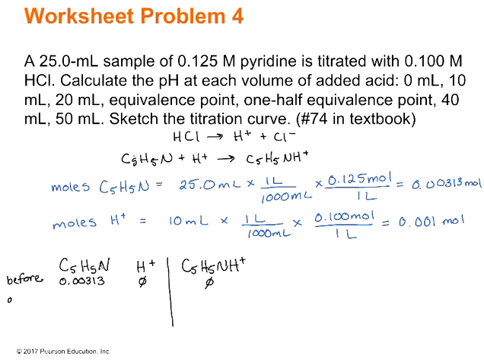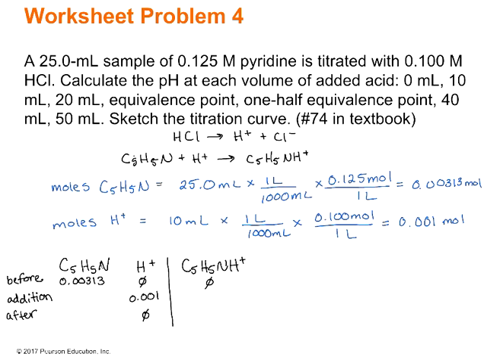And then we're adding 0.001 moles of hydrogen ions. After the pyridine and hydrogen ions react, we'll have 0 hydrogen ions because they'll all be consumed, and the reason I know that is because we have fewer hydrogen ions than pyridine molecules.